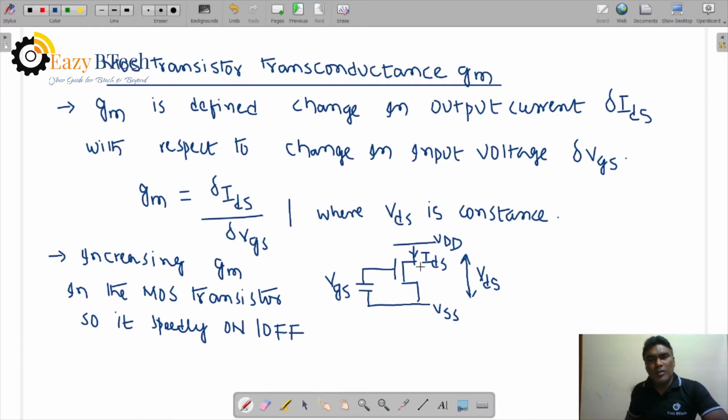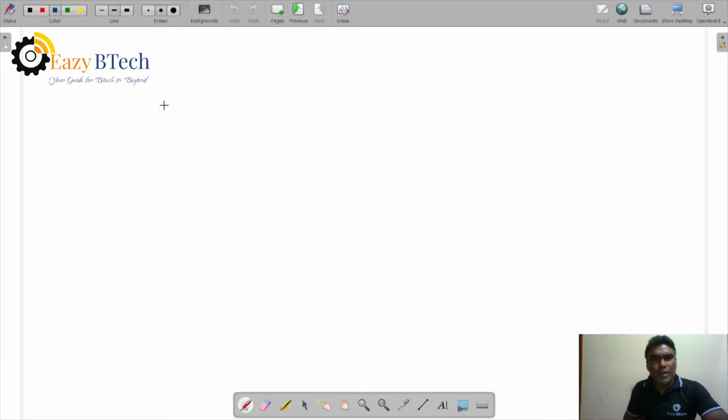So it is the change in output current with respect to VGS. Let us derive this. What are the parameters involved in this transconductance? According to the formula, change in IDS is there.